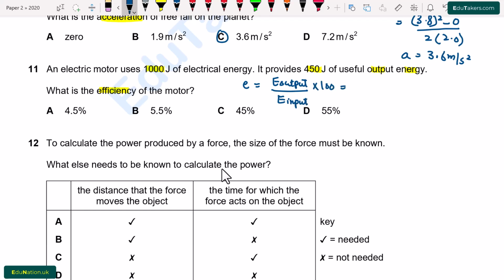This is basically percentage efficiency. Now I am going to put values here. It will be 450 divided by 1000 multiplied by 100, which is equal to 45%. So here the efficiency of the motor is equal to 45%. So option C is correct.